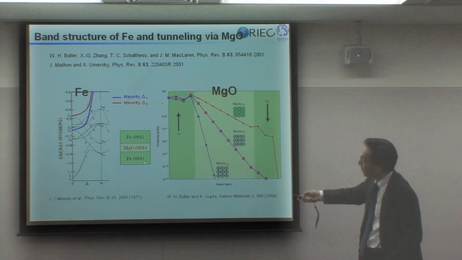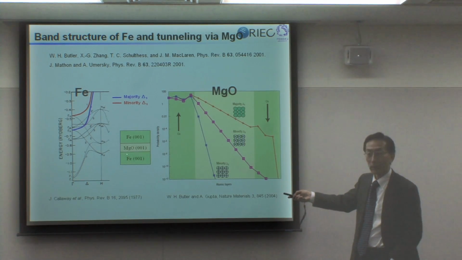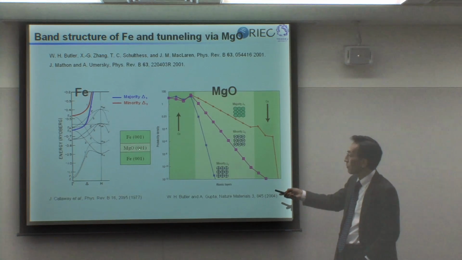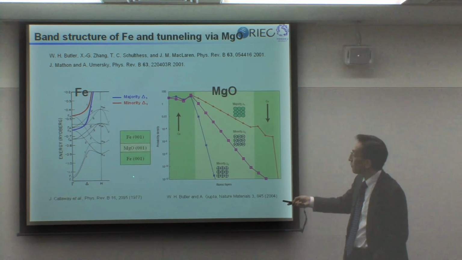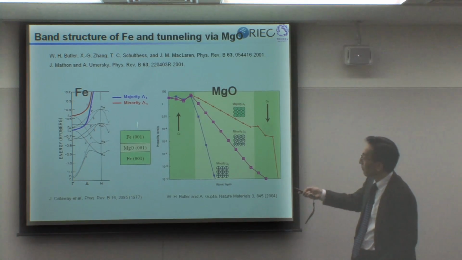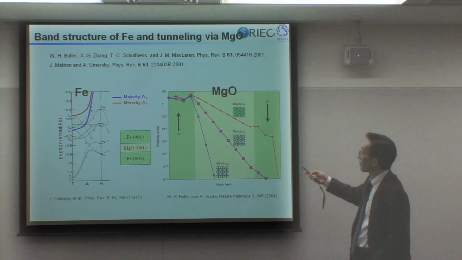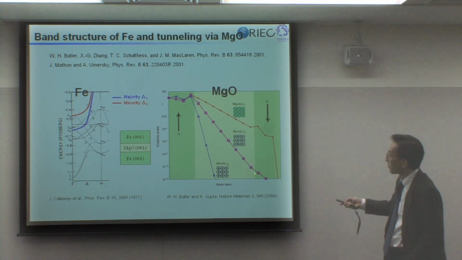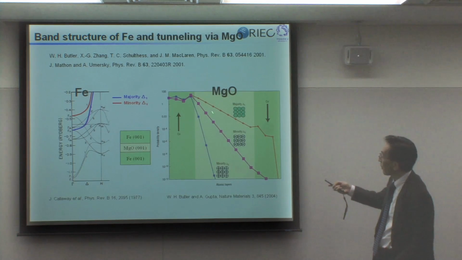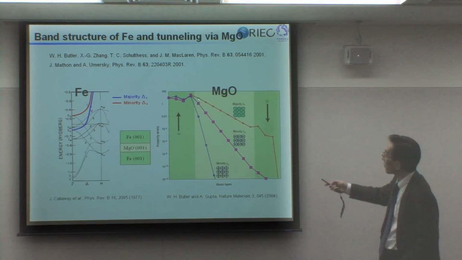Here, if you have a certain crystal orientation, in this case BCC iron 001 with MgO, this is sodium chloride structure 001. If you can make your electrode or magnetic tunnel junction structure this way, then they have shown that those unwanted states will decay in magnesium oxide faster than those wanted states.